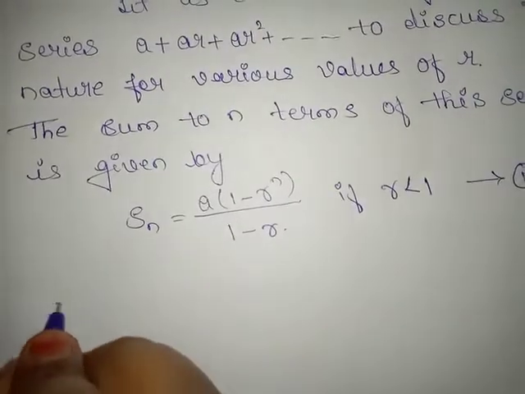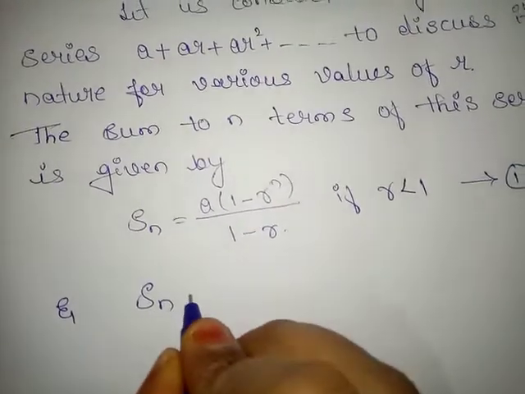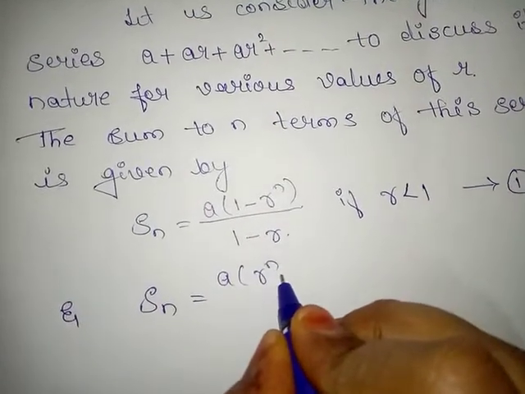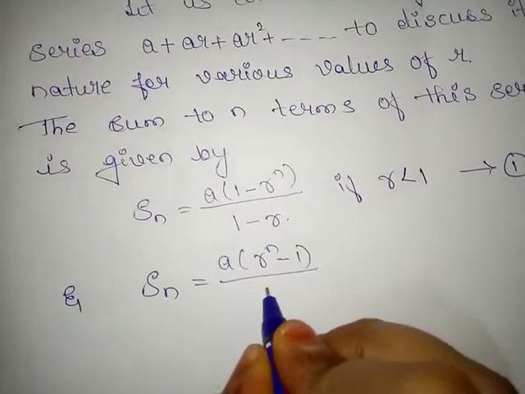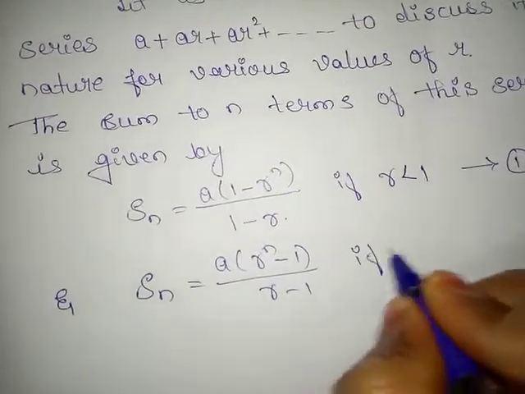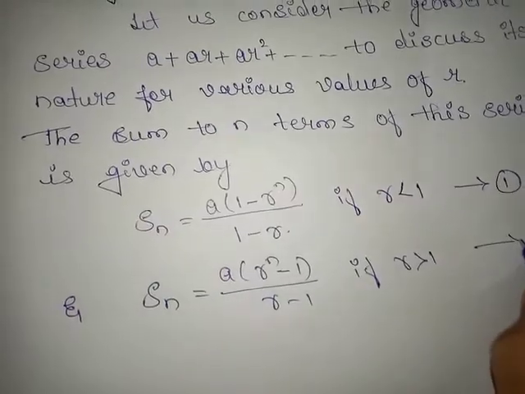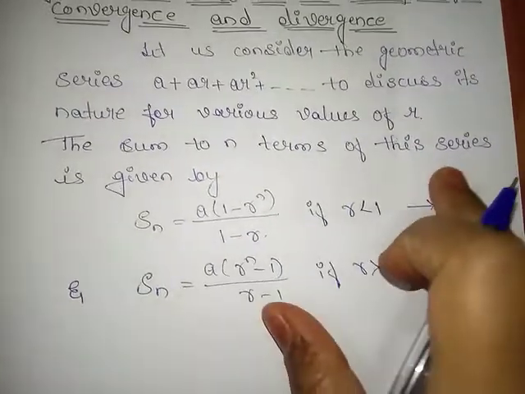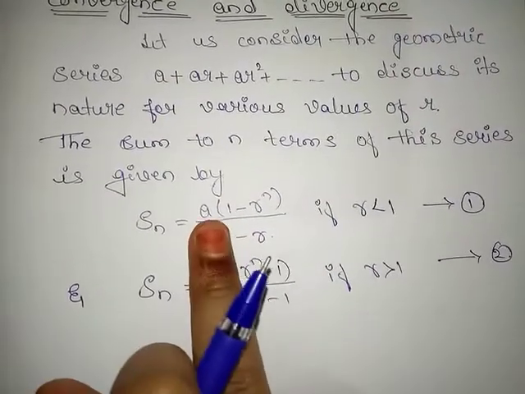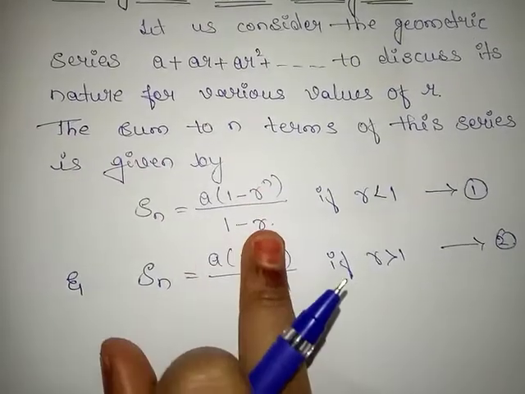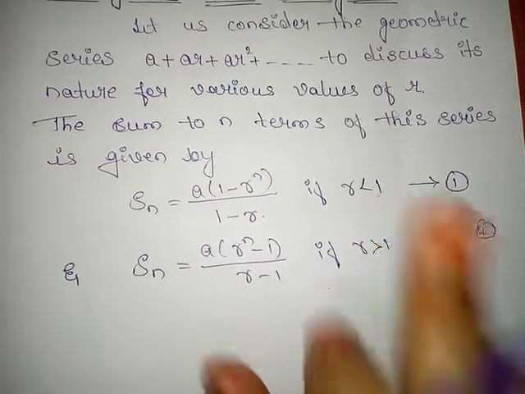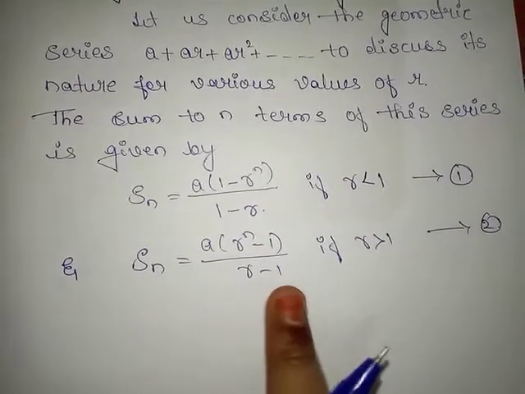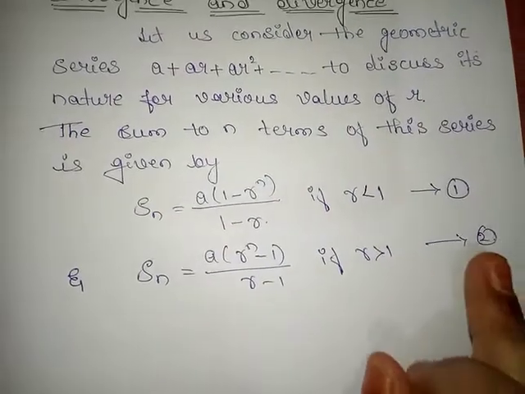We have another result, Sn is equal to a into r raised to n minus 1 divided by r minus 1 if r is greater than 1. Consider this as result 2.